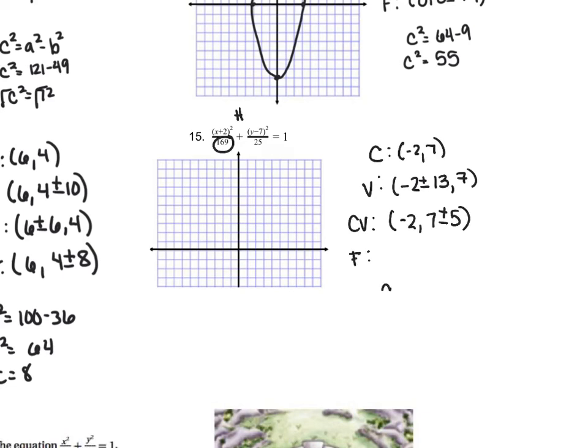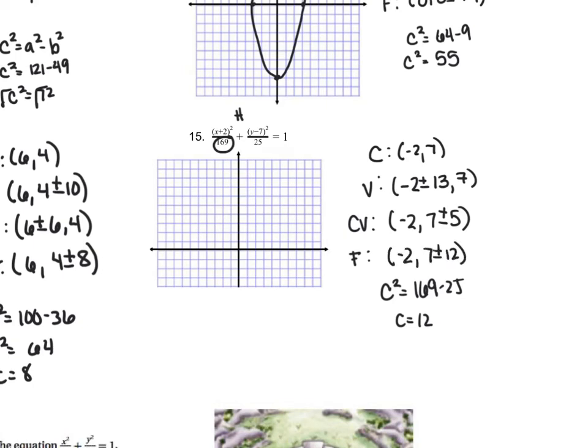And my foci, c squared equals 169 minus 25, which is 144, so that's c equals 12. So my foci are going to be at negative 2, comma 7 plus or minus 12.